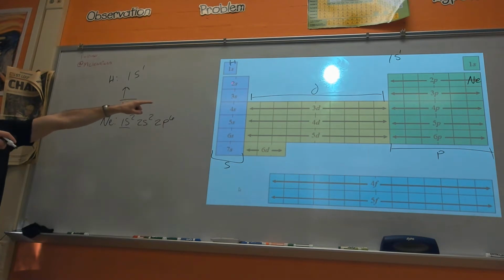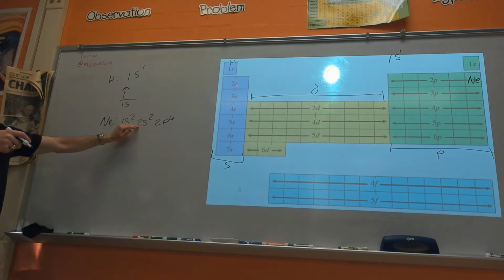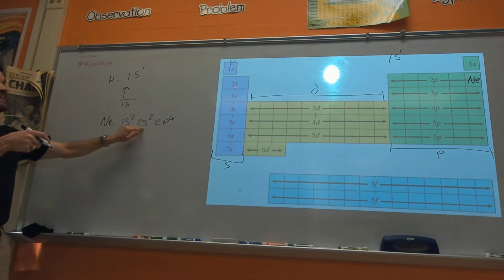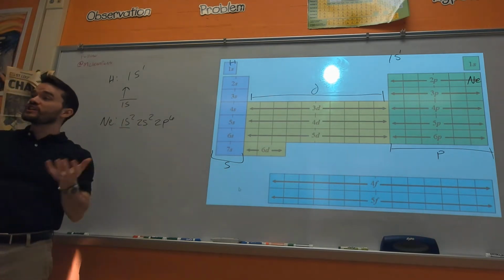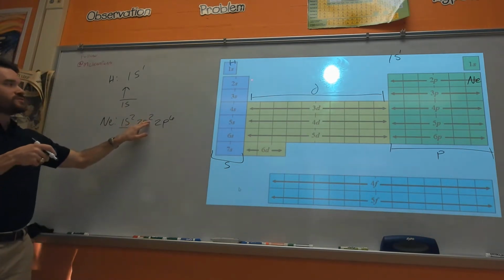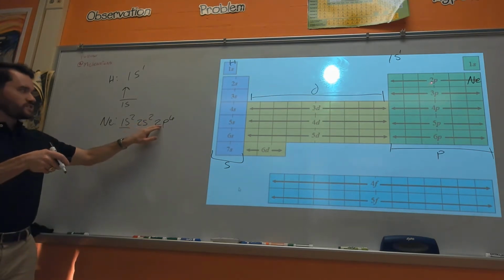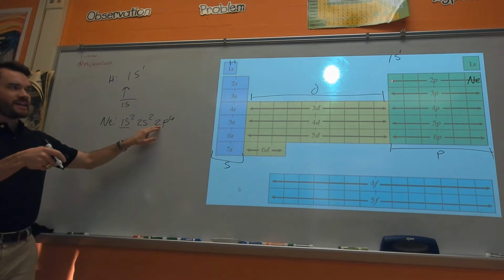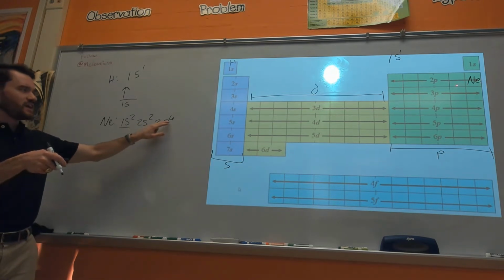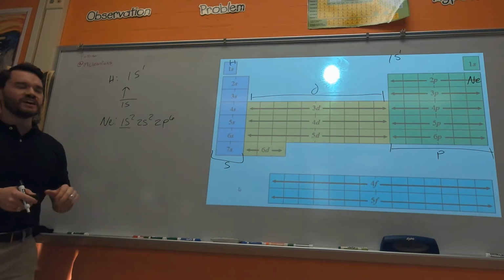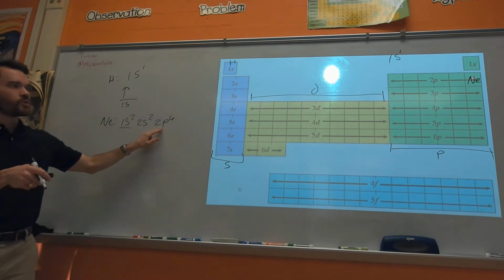Then go to the next line of the book, 2s. All the s orbitals, that's the spherical shaped orbital, hold 2 electrons. So 2s2. Then you keep going to the right. Now you're at 2p, and neon is in the 6th spot. It's at the very end of the 2p's. The p orbitals can always hold 6 electrons. That's why there's always 6 here.